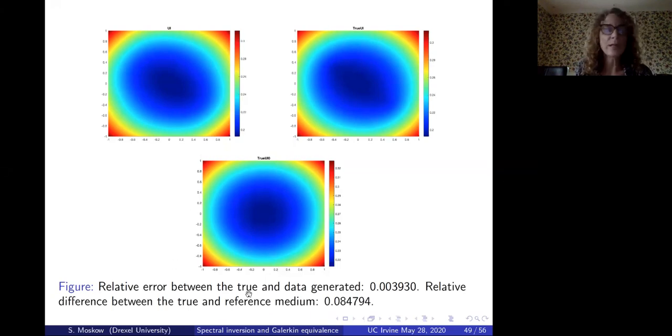And just by computing the relative L2 error between the data generated and the true solution, this is like 0.004, almost, just under that. And between the true and the reference medium for comparison is 0.085 essentially. So it's over 20 times better than the reference medium as an approximation.